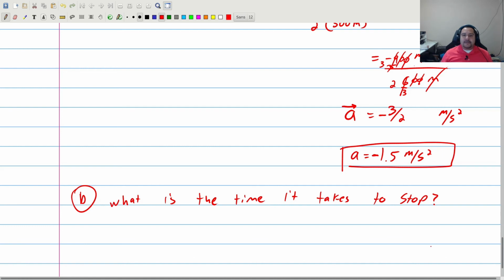How many seconds? Well, looking at the kinematic equations, we have two equations that will solve this.